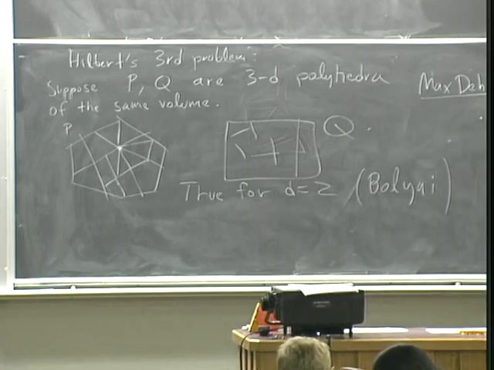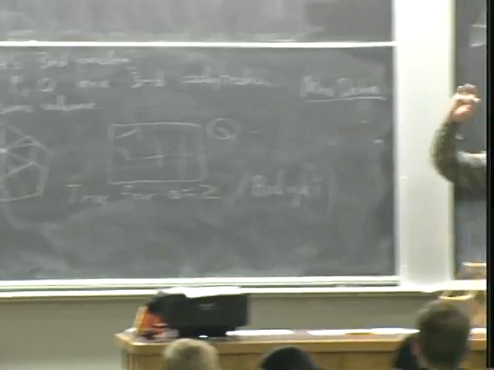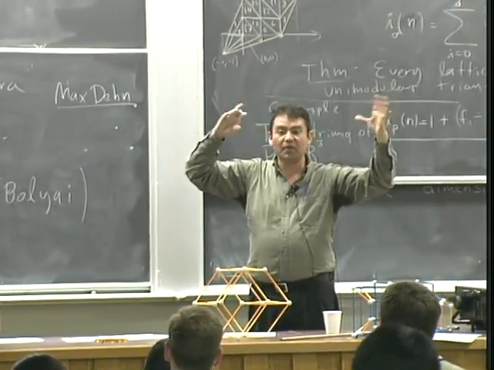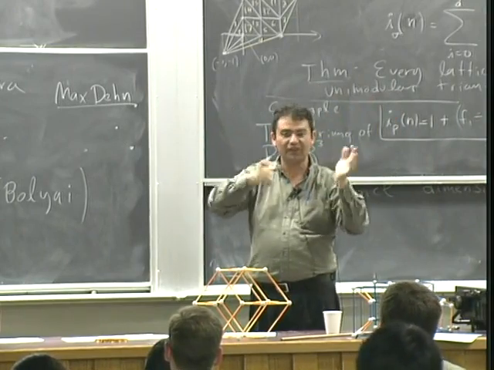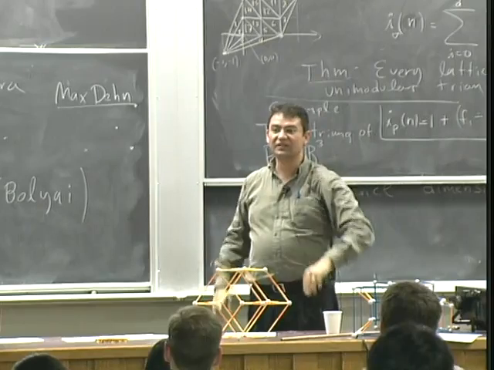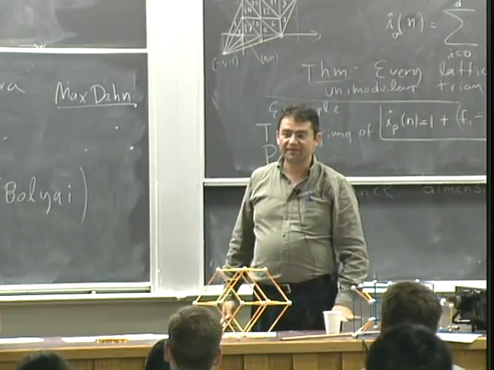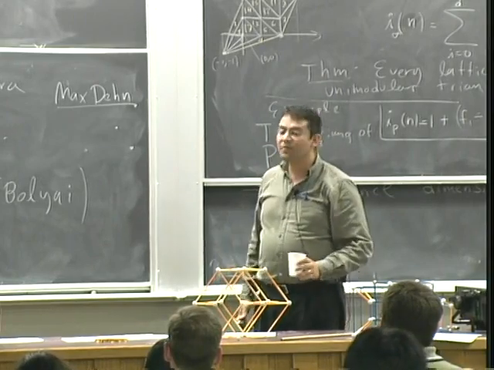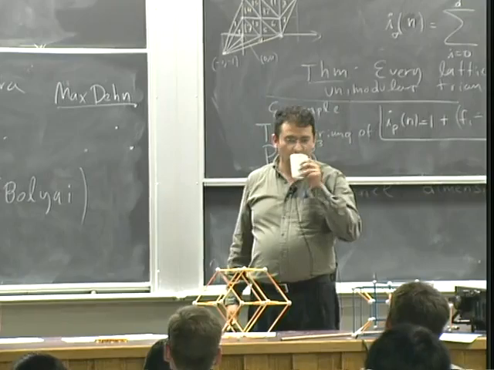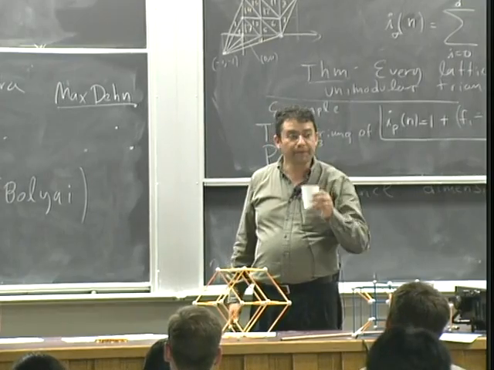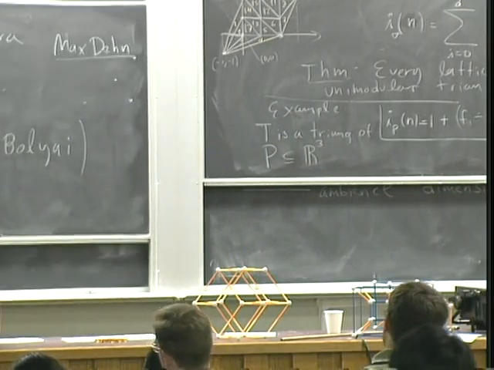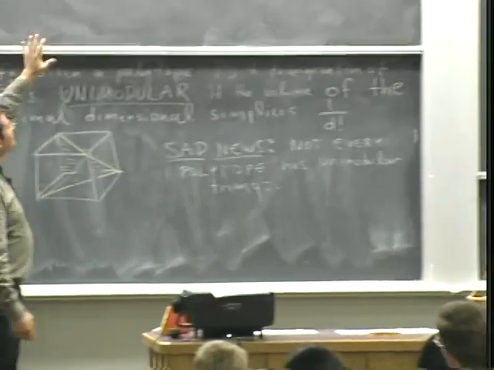So his father proved that if you have two polygons in the plane that have the same area, you can chop up one, rearrange the pieces, and get the other one. Is it clear? Good. Now I'm going to generalize Hilbert's third problem. So this is Hilbert's third problem.